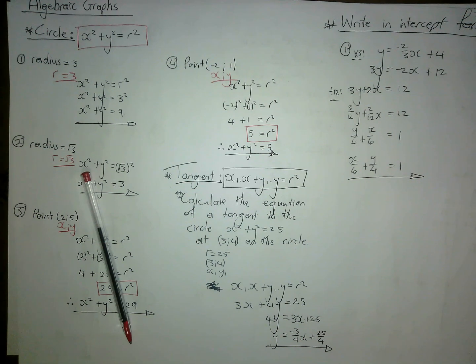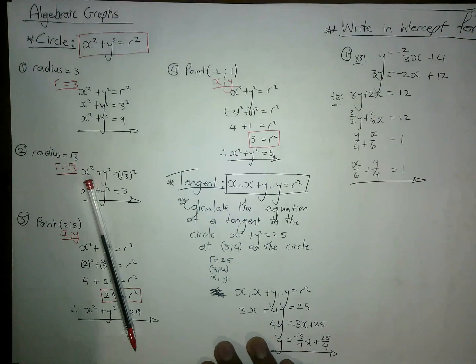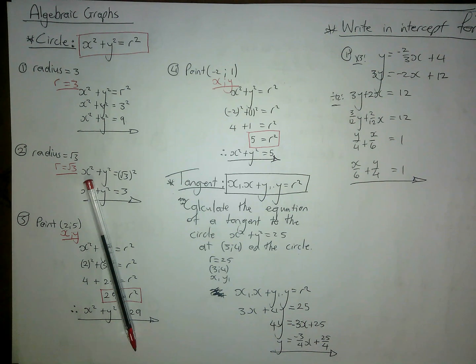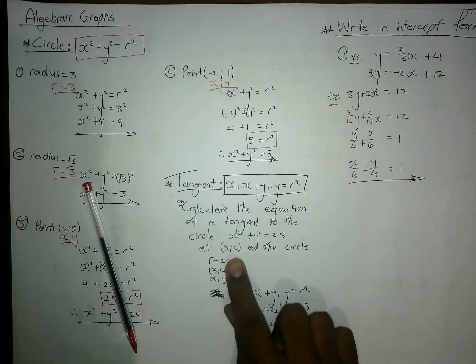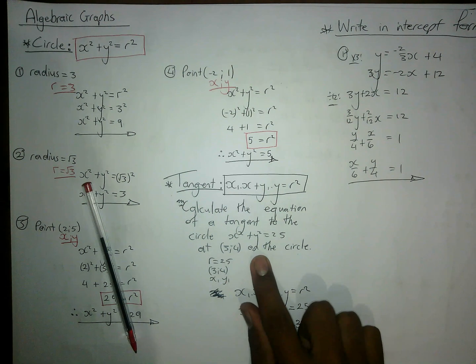So the next one is saying calculate the equation of a tangent to the circle x squared plus y squared equals 25 at 3 and 4 on the circle.